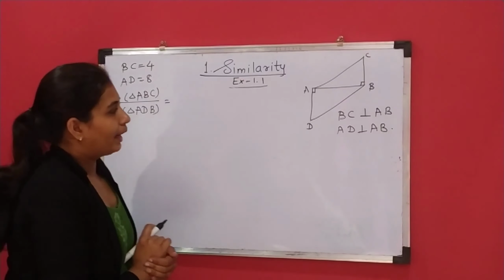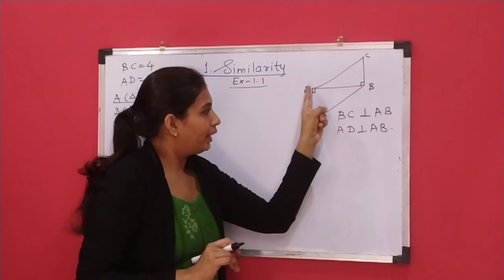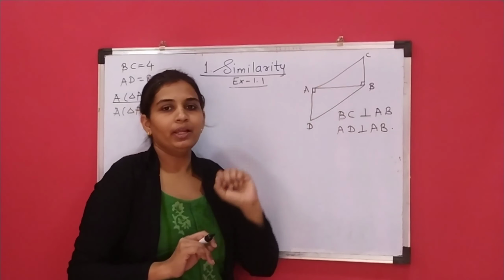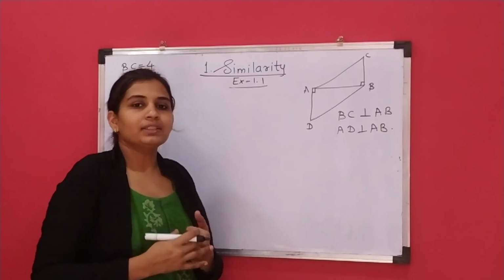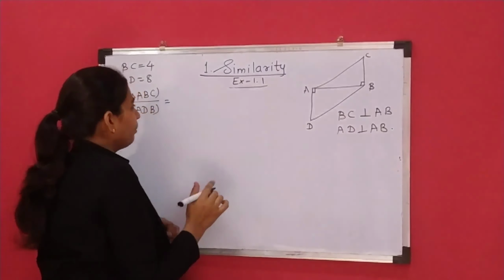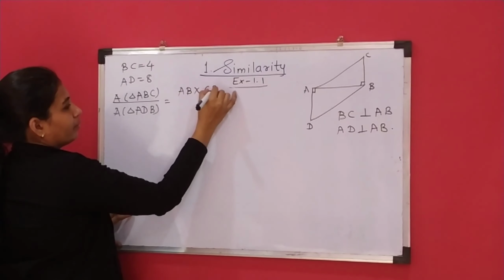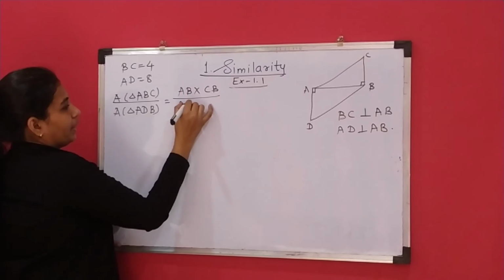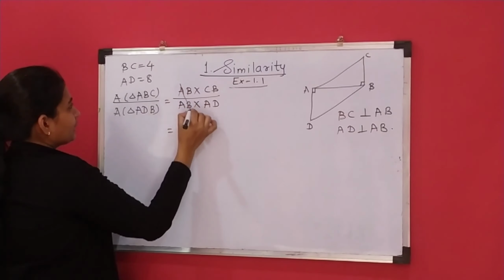Area of triangle ABC upon area of triangle ADB. AB is common for both the triangles. It means these two triangles have a common base, that is AB. So I can write AB into CB upon AB into AD. Now AB will get cancelled.